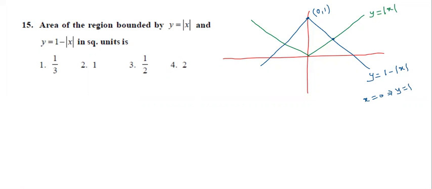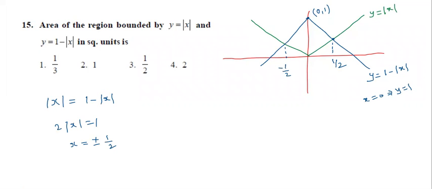How do we know that? Solve both: y is equal to mod x, y is equal to 1 minus mod x. See, both are equal. 2 mod x is equal to 1, so x is equal to plus or minus 1 by 2. This is minus 1 by 2.